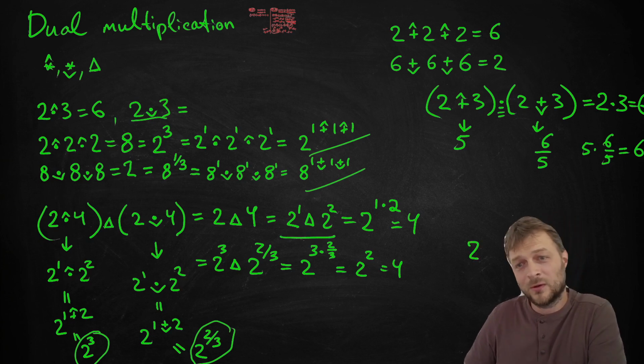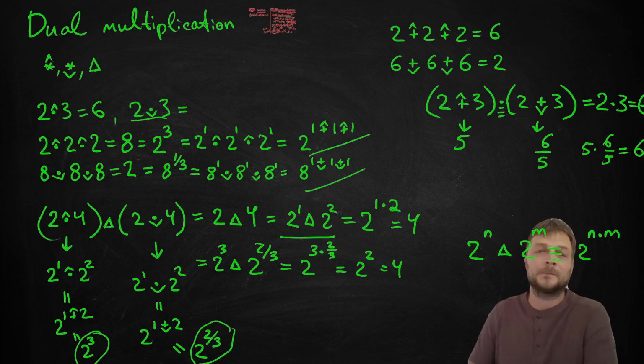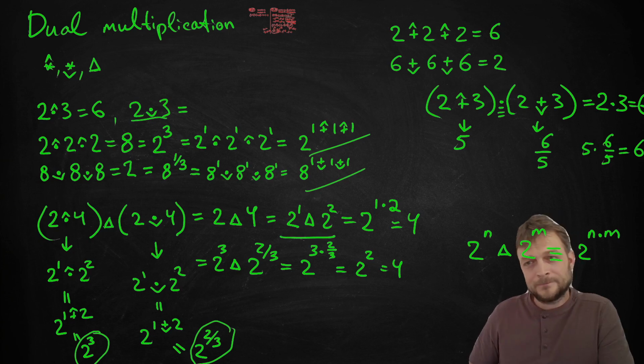If we have 2 to the power n, and I have a triangle operation with 2 to the power m, I define it by definition. This is 2 to the power n multiplied by m. So that's the dual multiplication operation.